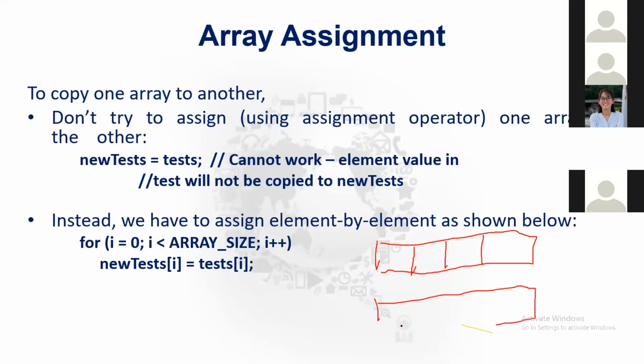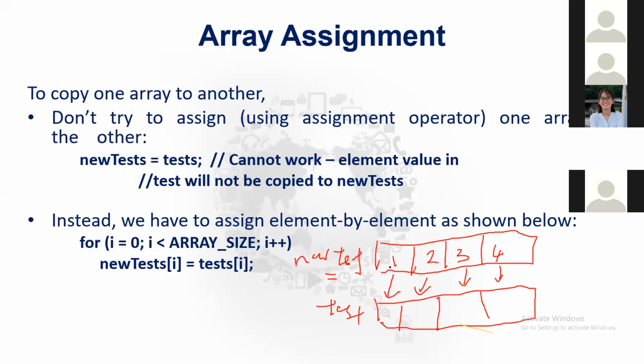Here we have 1, 2, 3, 4. Now you want to copy the 1 into this, 2 here, 3, and also the 4. Imagine that this is a new test and this is the original test. You cannot just put the equal sign.